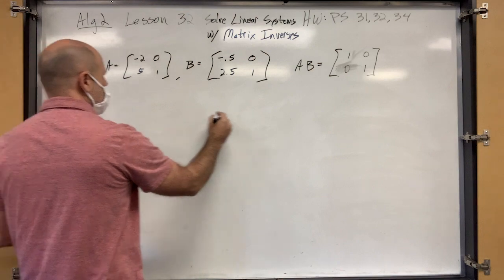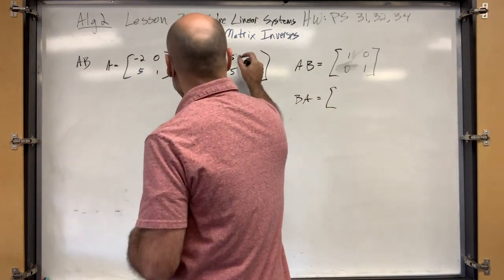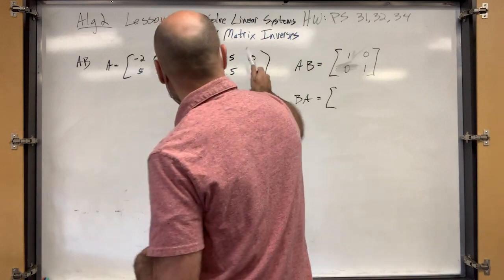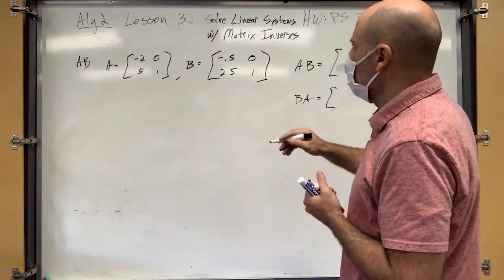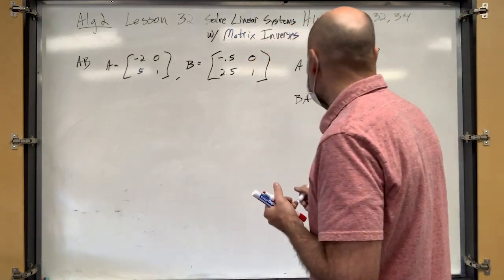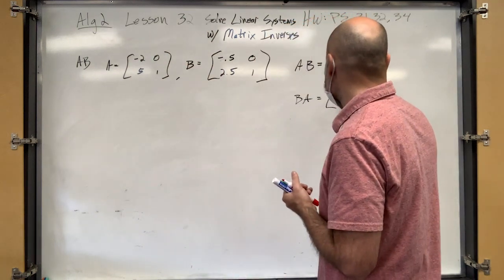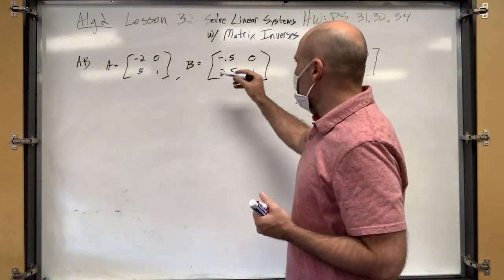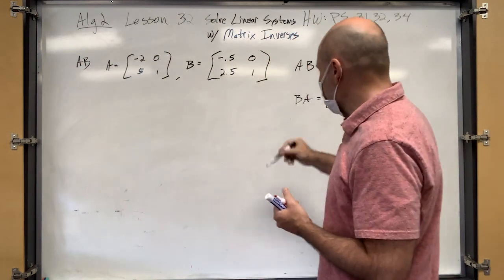So BA would be -2 times this column, so I still get positive 1 plus half of that. So let's see here, plus 0, so positive 1 there. Multiply -0.5 and 0 with 0 and 1, so I get 0 and 0.